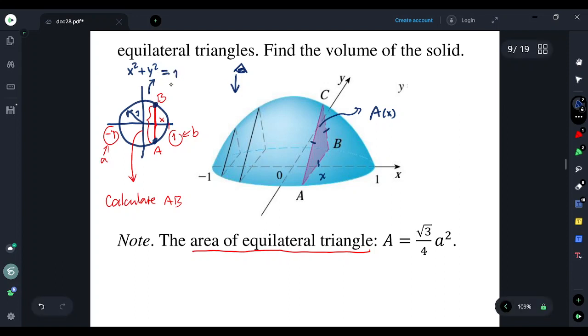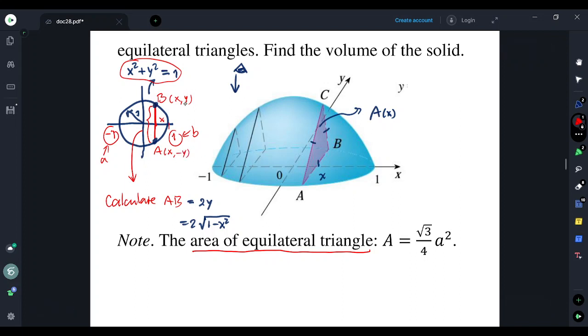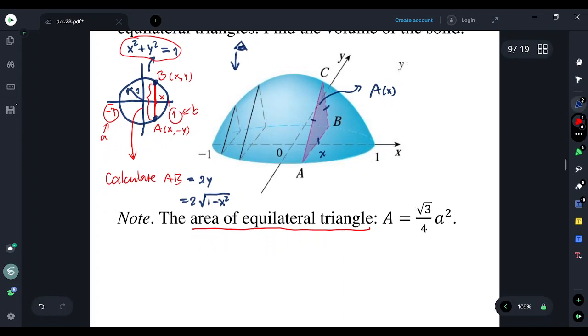So AB is equal to 2y, and y is just the square root of 1 minus x squared, because of the equation for x and y. So I take y to be the coordinate of the point B, (x, y). The point A has coordinate (x, -y). Okay, so y is positive, negative y is negative, according to the figure.